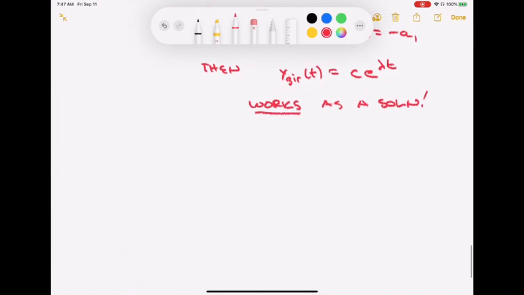So what do we get out of all of this? We can say y zir of t is equal to some c e to the, well, what is lambda in this case? It's going to be lambda t, or say c e to the minus a1 t. Those guys work, right? Those guys work.